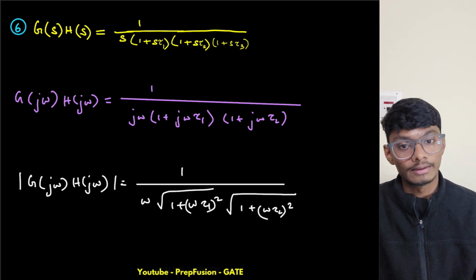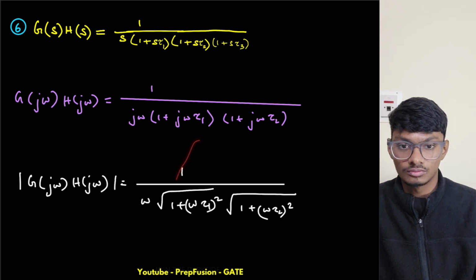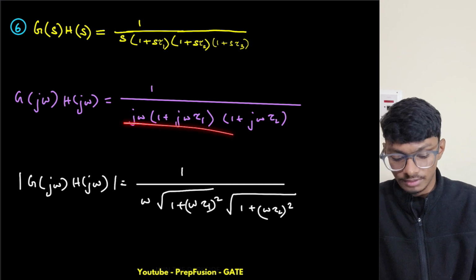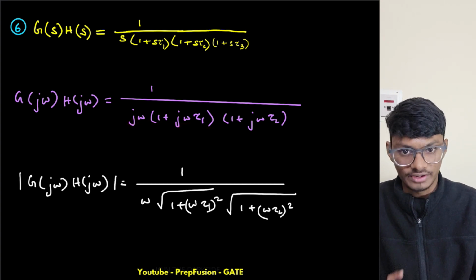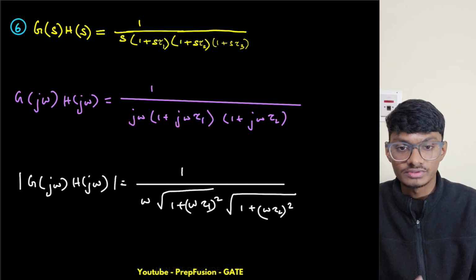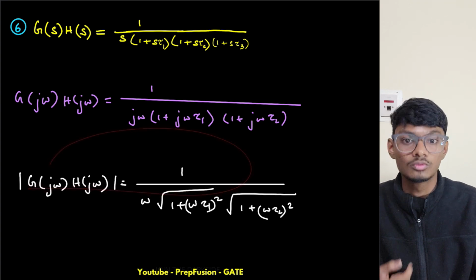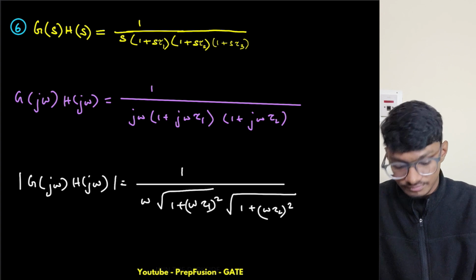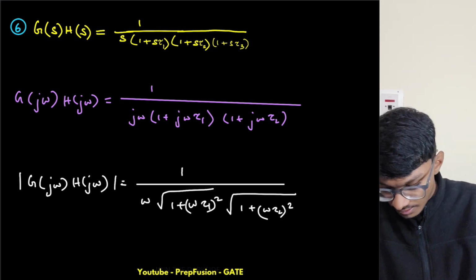That will be very time consuming, right? This one is much easier as they are in factorized format, and you can simply find the angle and the magnitude with less time. Obviously for the GATE you have to follow this rule. You won't be able to follow that rule for higher order systems.